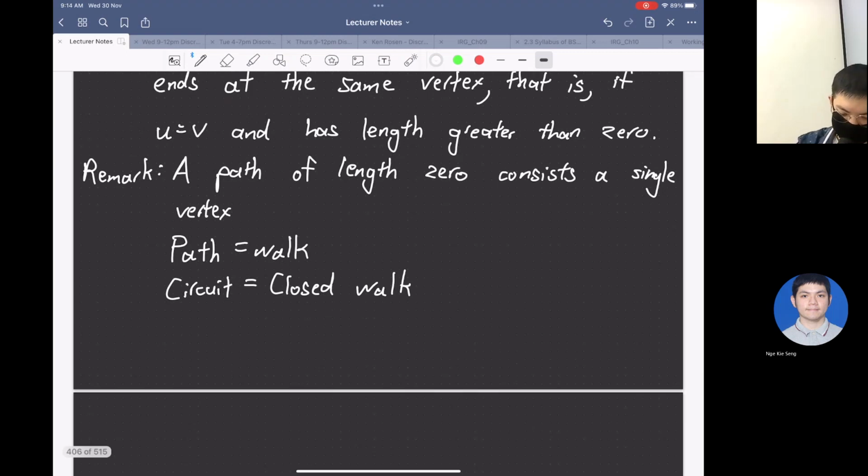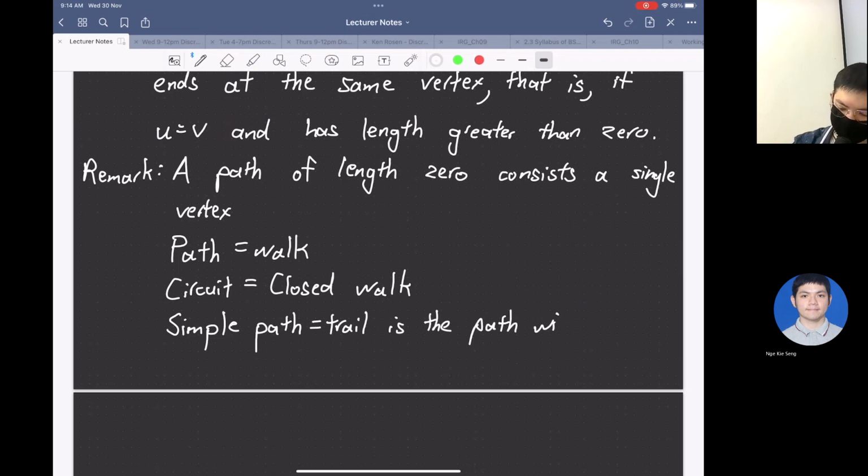And then the next one is the simple path. What's a simple path? We know a simple graph, right? A simple graph doesn't have loops and multiple edges. So what's a simple path? A simple path, also called a trail, is a path without multiple edges.